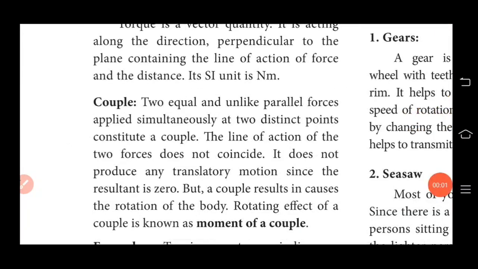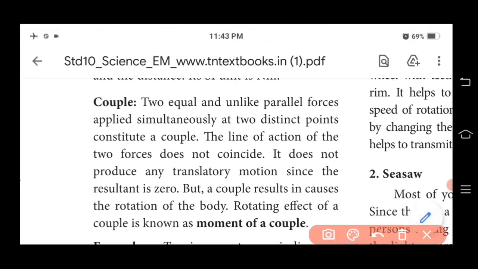Our next topic is couple. You know what is the meaning of couple? Nothing but two, or a pair. Two equal and unlike parallel forces applied simultaneously at two distinct points constitute a couple.